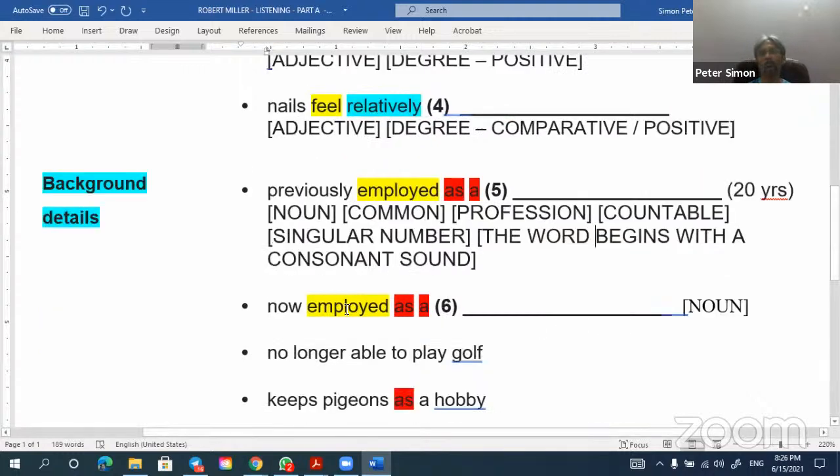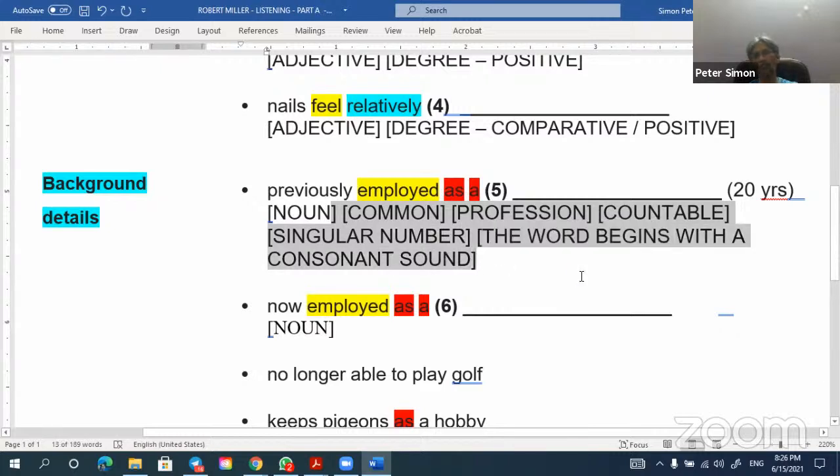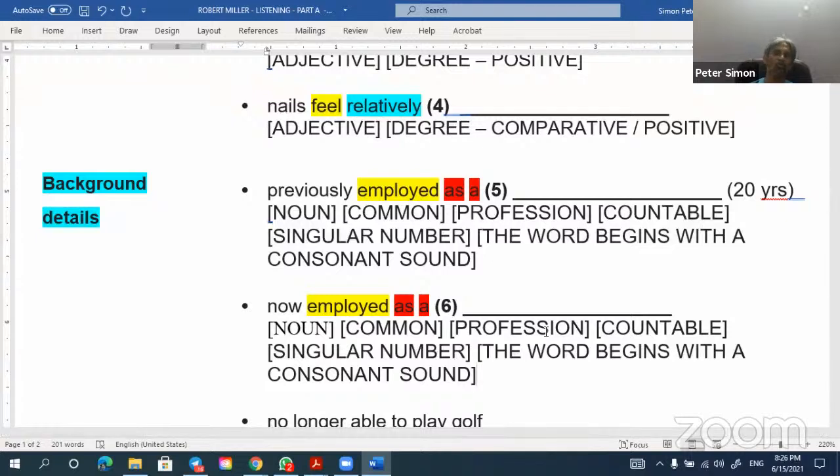Next one. Now, employed as a. The same thing applies here. Now, employed as a... an executive, an officer, an engineer, an official.